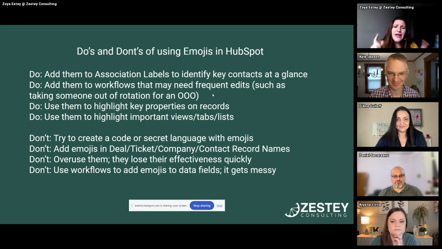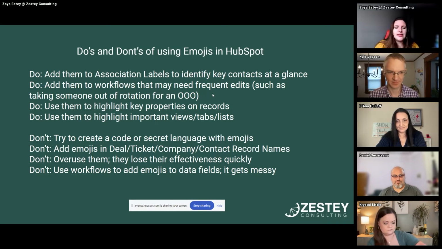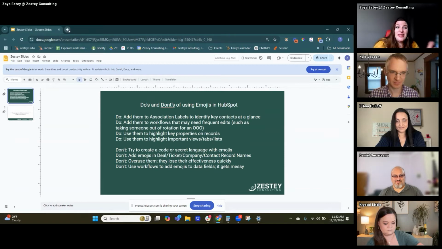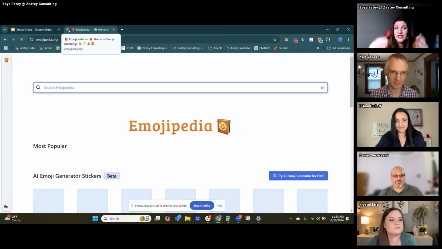And I also wouldn't use them in the data fields. I think that we have one use case somewhere where, like, in a drop down, the most important, like this is a hot, our best fit, we have one somewhere. But generally speaking, I wouldn't be recommending adding emojis to all of your free text fields. And just in case anybody needs a resource, this is what we use.